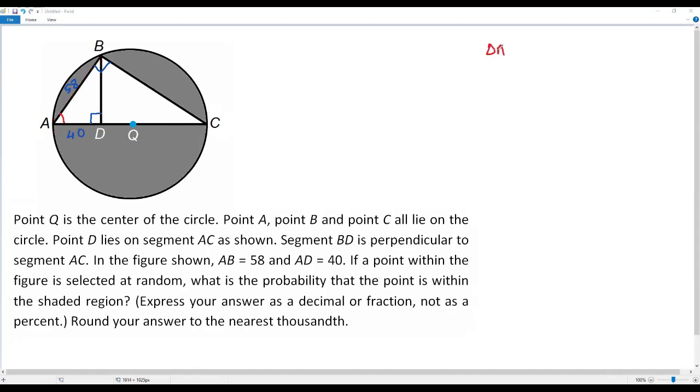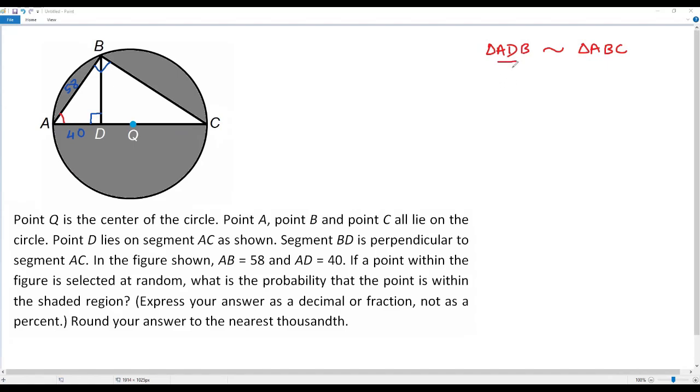So vertex A in the smaller right triangle and vertex A in the bigger right triangle. Let me consider the vertex D where we have the right angle in the smaller triangle, and the corresponding vertex in the bigger right triangle is B, because there we have the right angle. Let me write over here. The third vertex in the smaller right triangle is B, and the third vertex in the bigger right triangle is C. By the angle similarity postulate, these two triangles are similar.